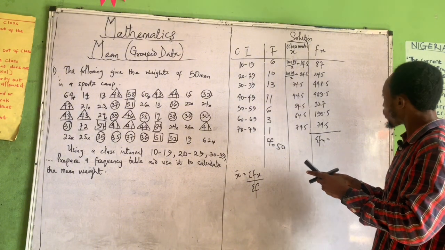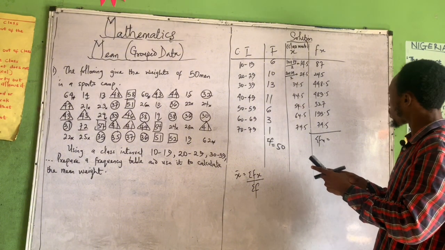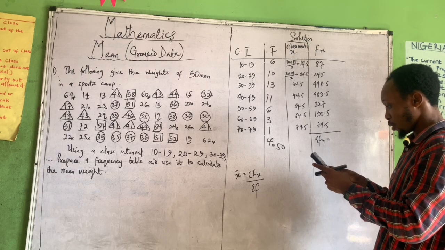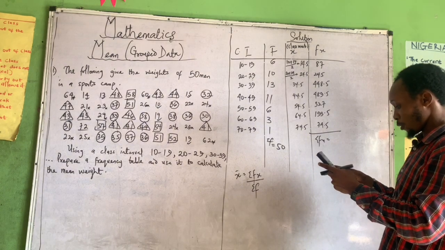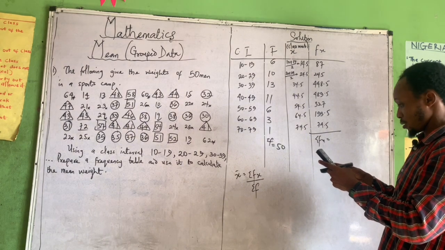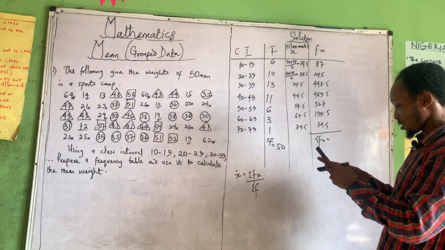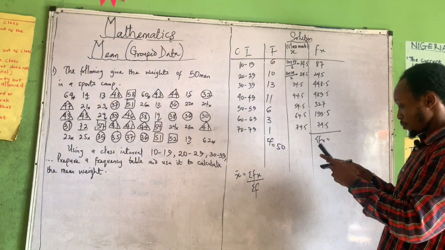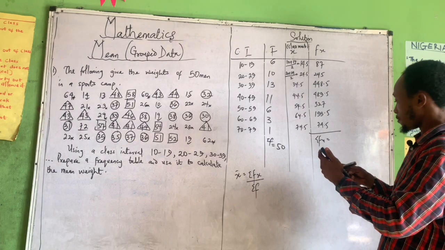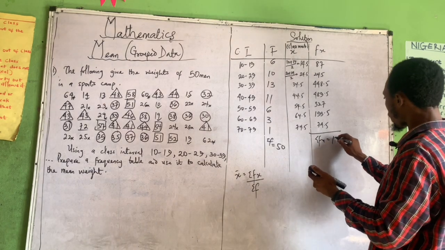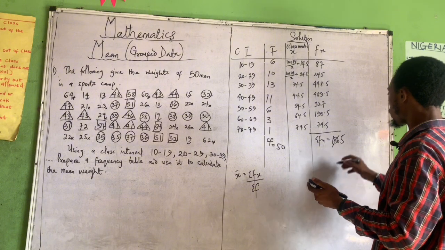So you sum this together. We have 87 plus 245 plus 448.5 plus 489.5 plus 327 plus 193.5 plus 74.5. So we have 1,865.